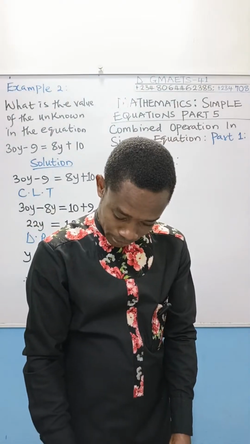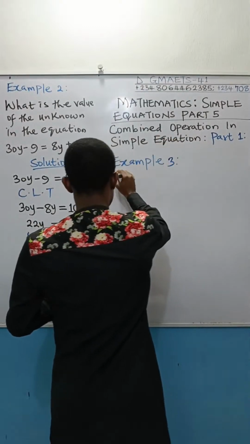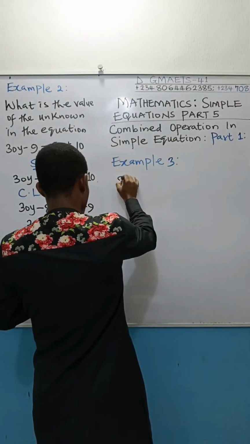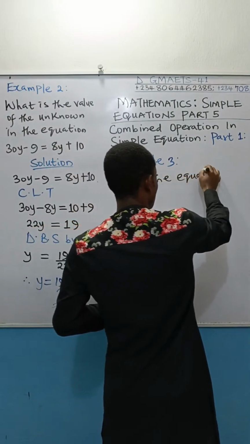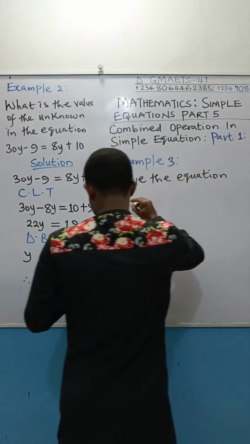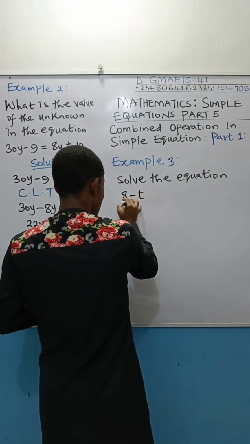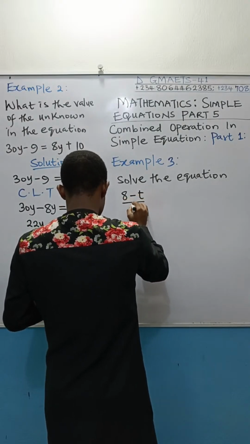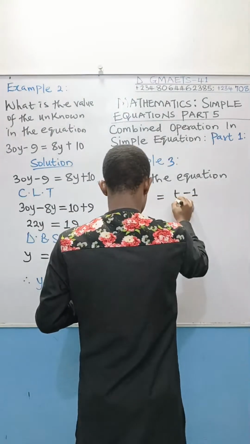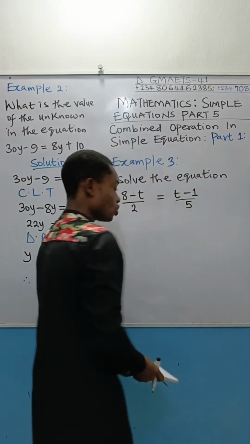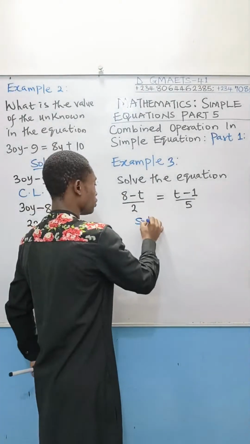Where are you? Okay, so this is it. Solve the equation 8 minus t over 2 equal to t minus 1 over 5. So you are given this question to solve. Solution.